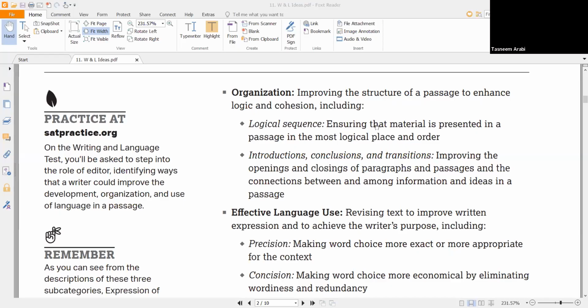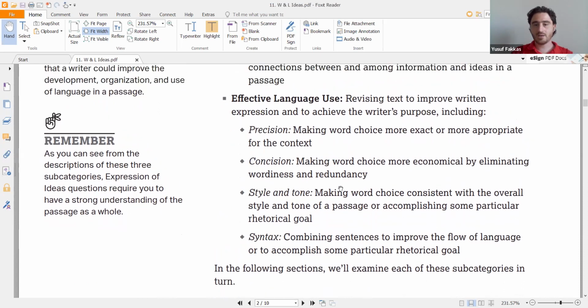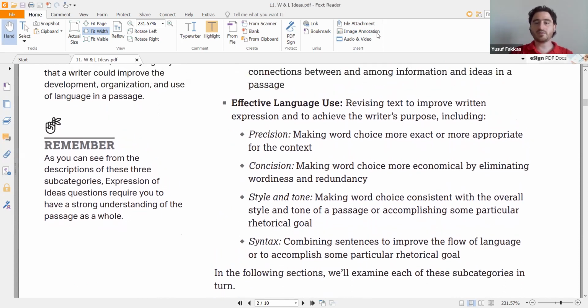We finished everything. Okay, we finished English conventions and what else? Standard English. Expression of ideas. Yes. All right, so the final area that we need to cover is effective language use.